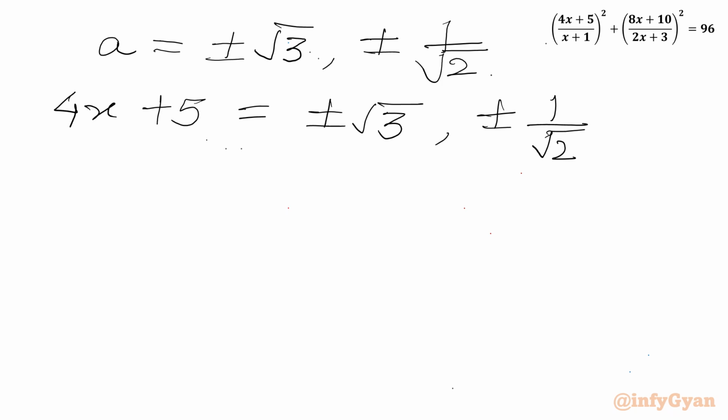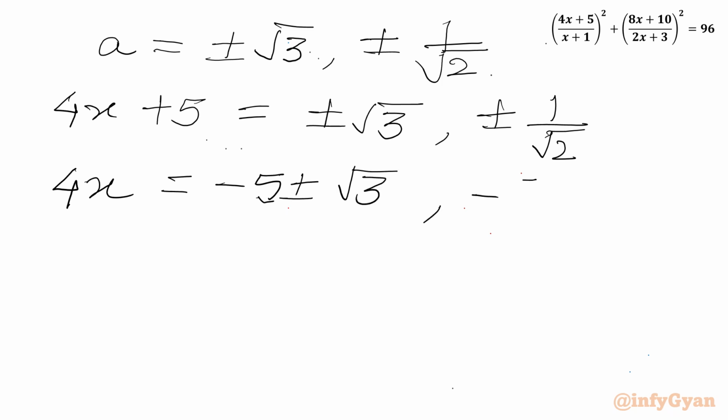So we will write here 4x will be equal to minus 5 plus minus square root 3. And here I will be writing minus 5 plus minus, let's write 1 over root 2 as root 2 over 2.